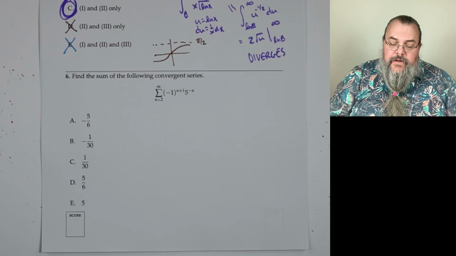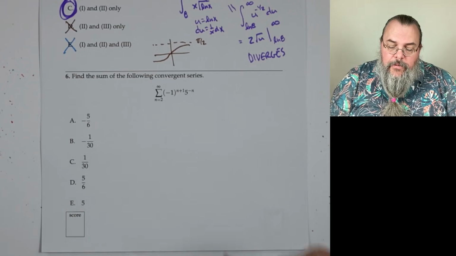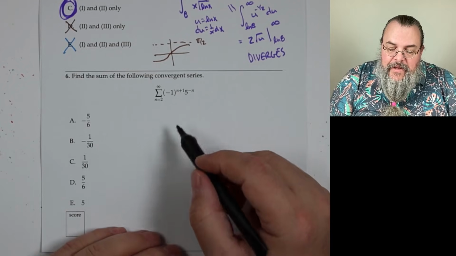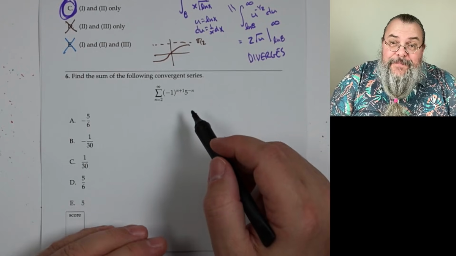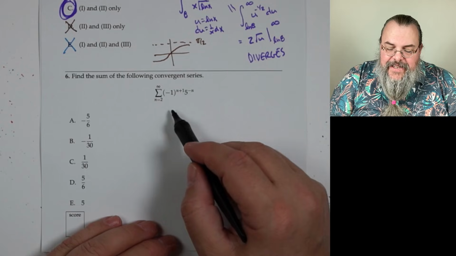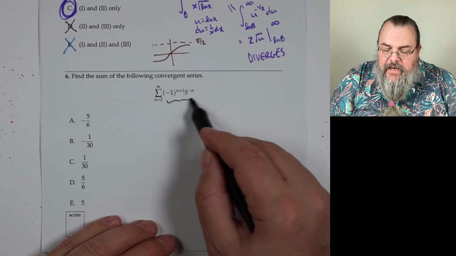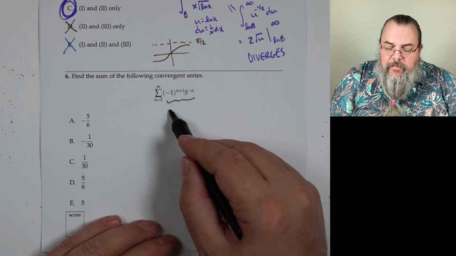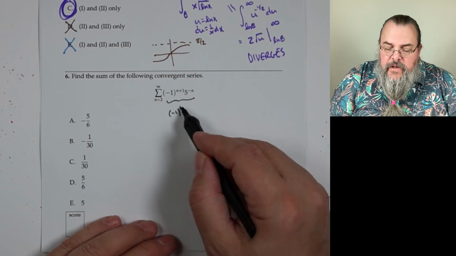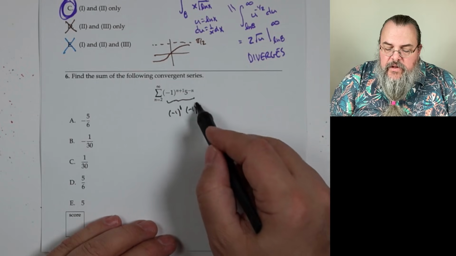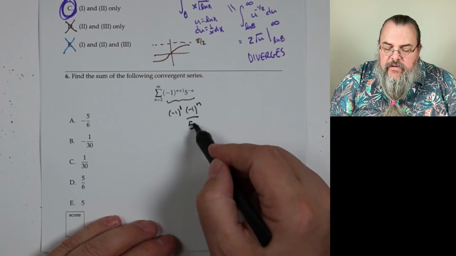Well, one thing we can do is think about what this looks like. Spoiler alert, it's geometric. And so we can say, well, hey, this inside piece is the same as minus 1 to the 1 times minus 1 to the n, and downstairs is 5 to the n.